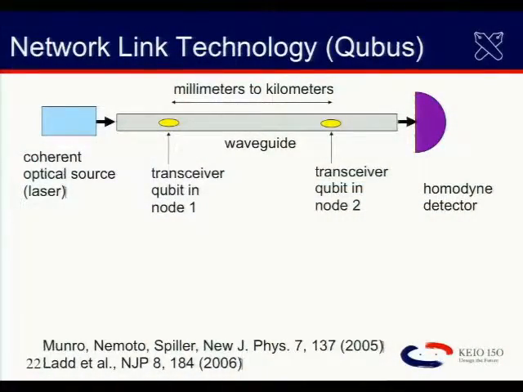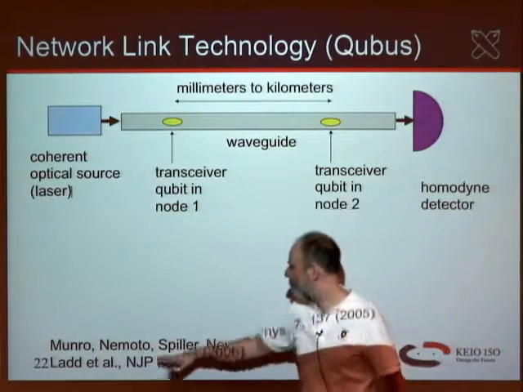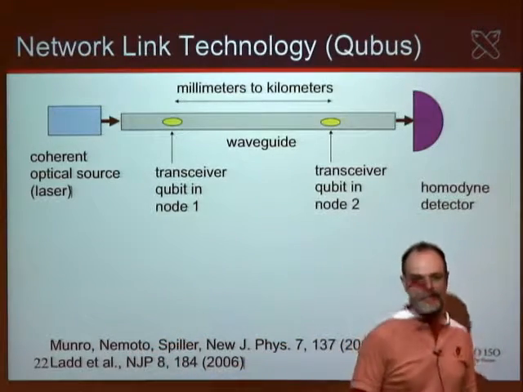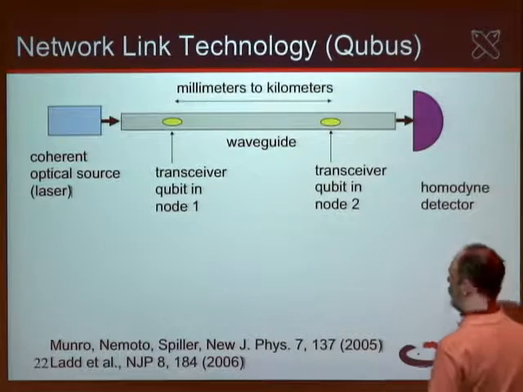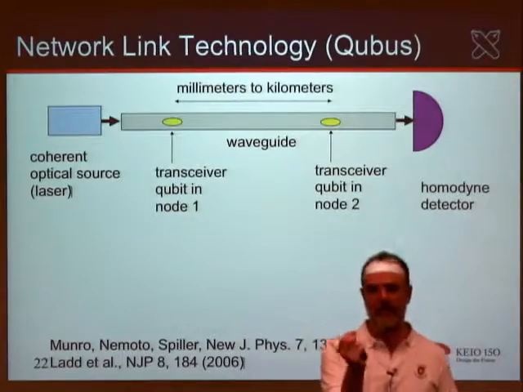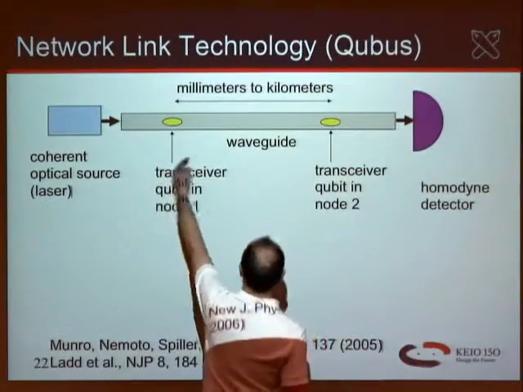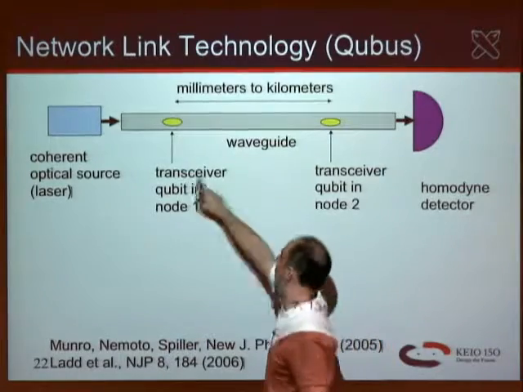This is one network link technology, again developed by Bill Munro, Kae Nemoto and Tim Spiller. Bill and Tim were at HP Labs in Bristol at the time. Kae is in Japan. The QBus technology for this: rather than sending single photons, you actually use a moderately strong laser pulse, which you put into a waveguide of some sort, which is coupled to a qubit at one end and at the other.